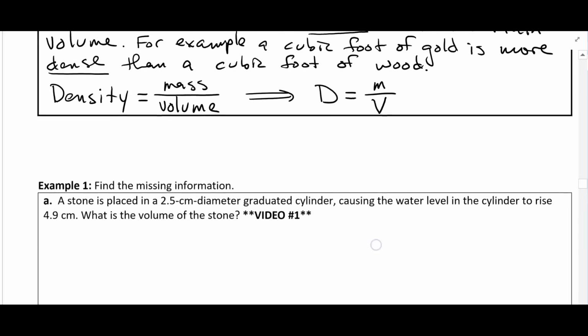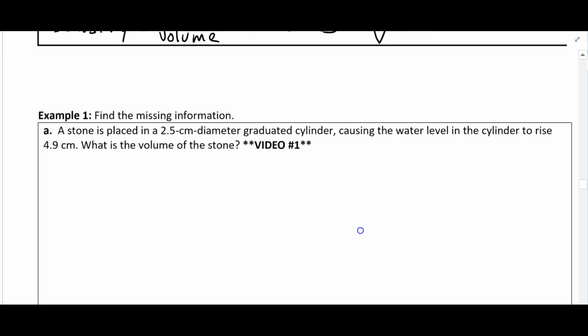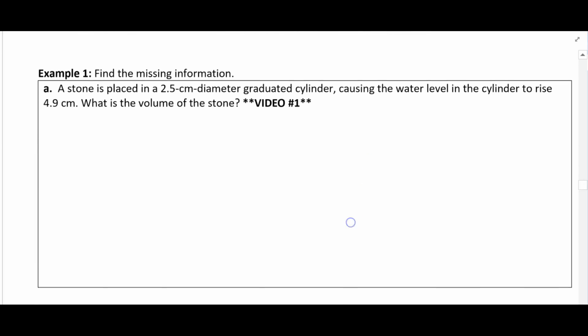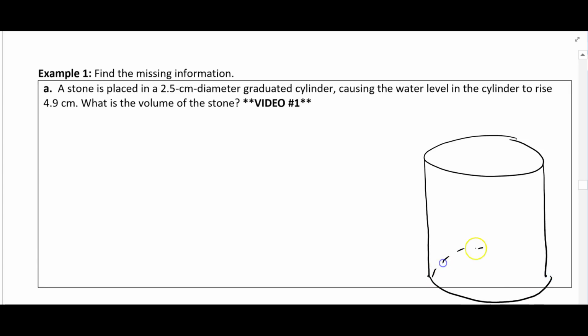Let's go ahead and look at this first example with displacement. So a stone is placed in a 2.5 centimeter diameter graduated cylinder, causing the water level in the cylinder to rise 4.9 centimeters. What is the volume of the stone? So if I have my cylinder here, initially we're going to have some water level that's maybe there.